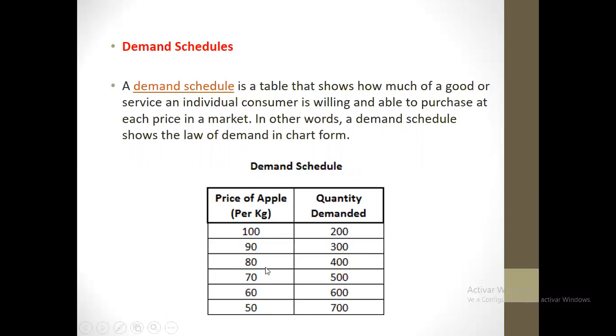For example, at 100 pesos, you would buy 200, and if it costs 50 pesos, then you might buy 700. That is the difference, and in this schedule, they show you the different options.